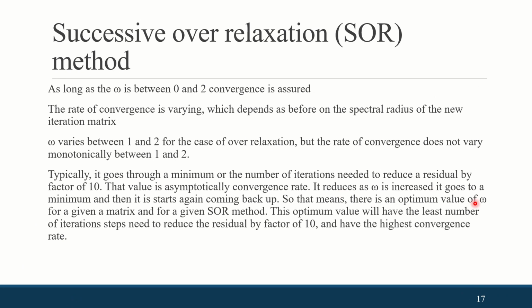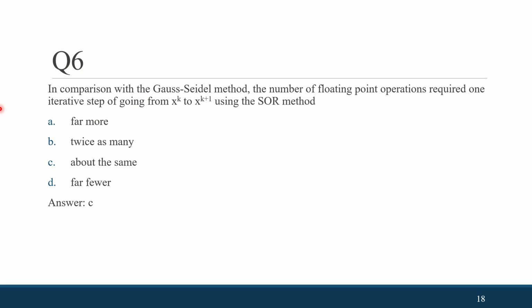So that means there is an optimum value of omega for a given matrix and for a given SOR. So this optimum value will have the least number of iteration steps needed to reduce the residual by a factor of 10 and have the highest convergence rate.